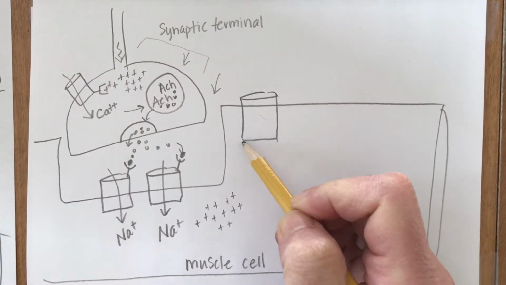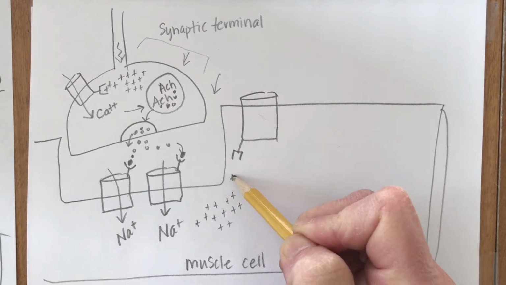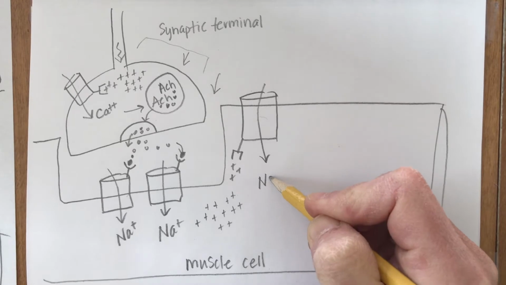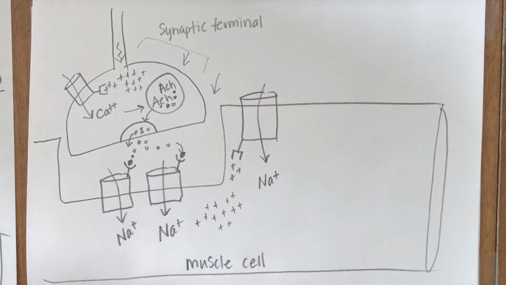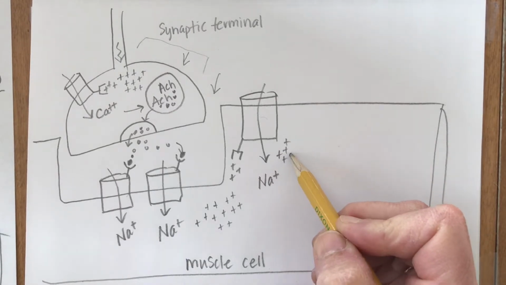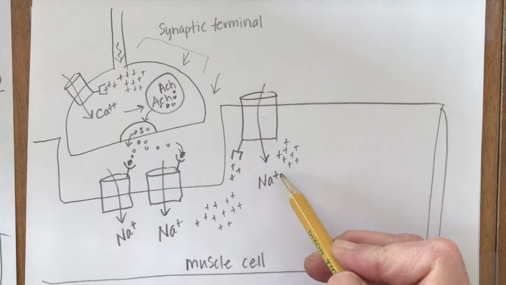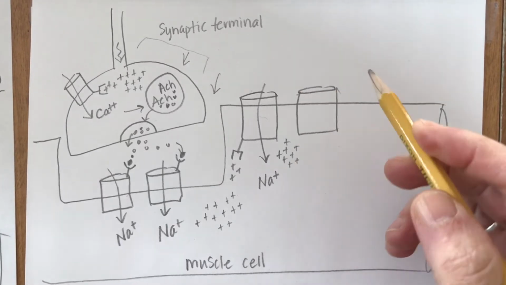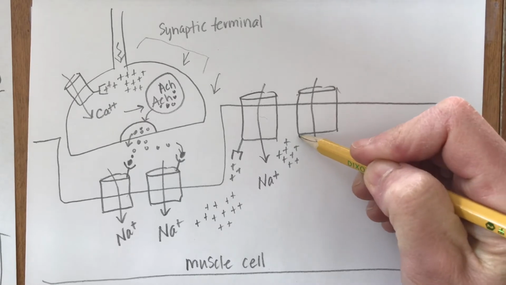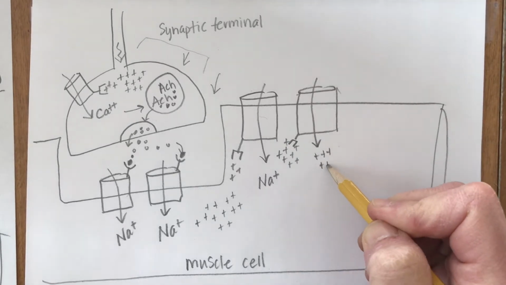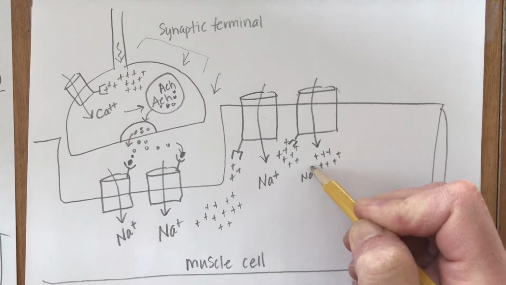triggers voltage-gated sodium channels to open. And we have an influx of sodium again, but now we're outside the neuromuscular junction. This influx of sodium regionally, this local influx, triggers the neighboring voltage-gated sodium channel to open. And we have an additional influx of sodium ions.